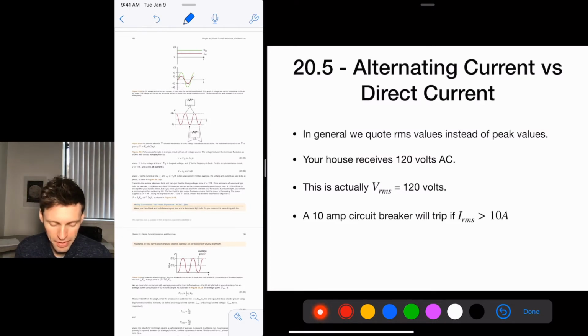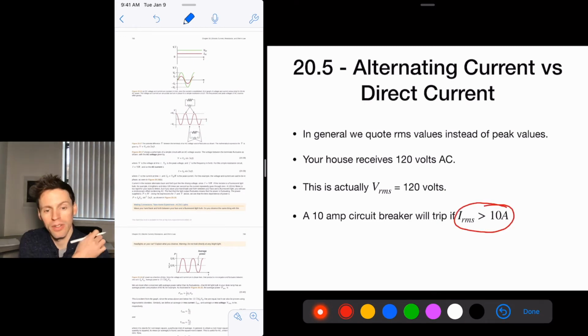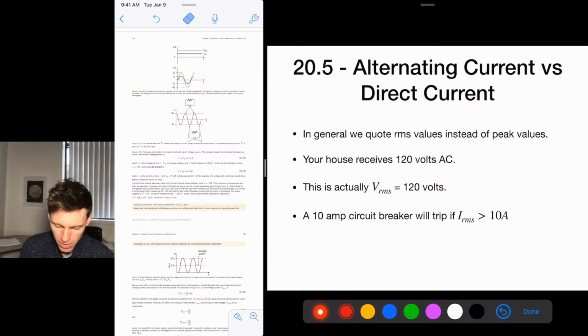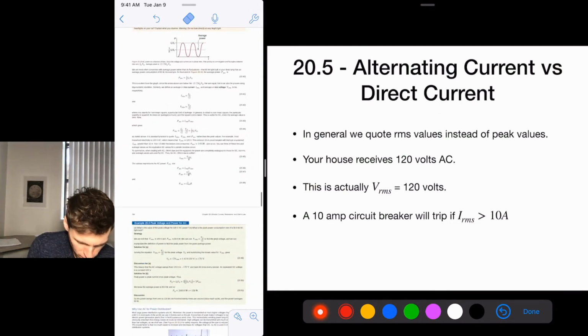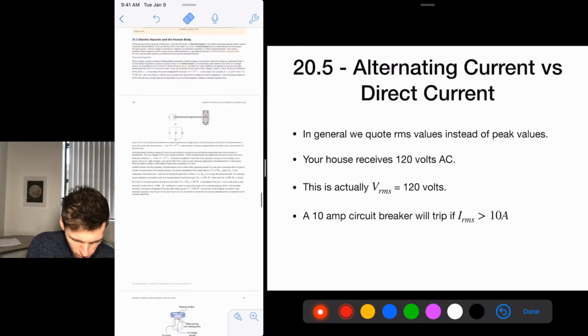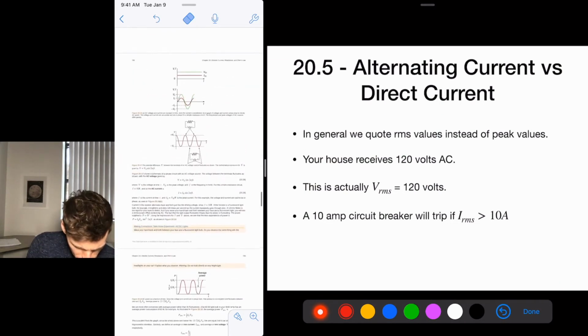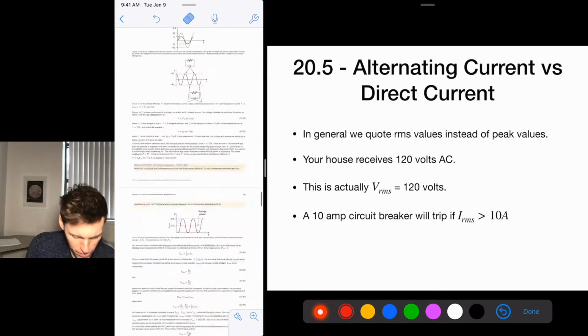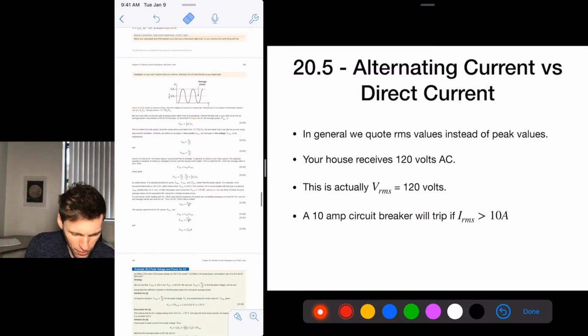If your circuit breaker says it's rated for 10 amps, that's actually not your peak current. It will trip if your sustained current goes above 10 amps RMS.